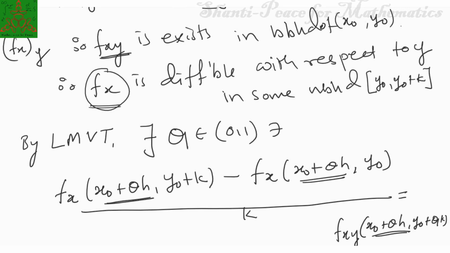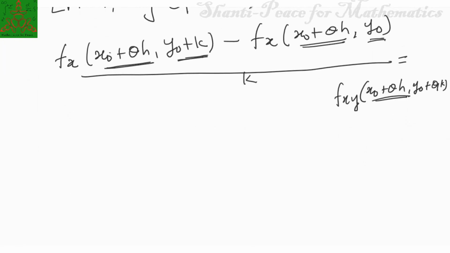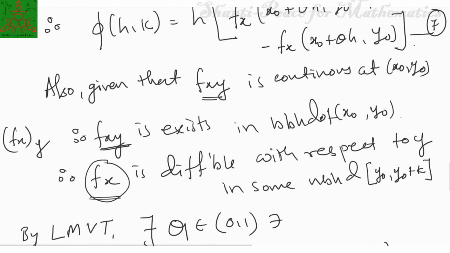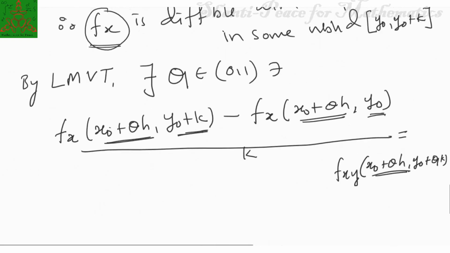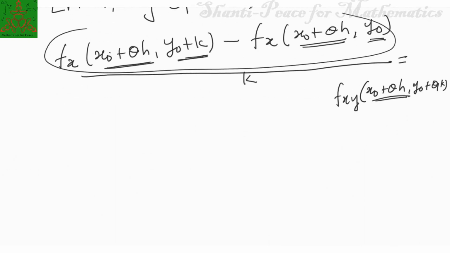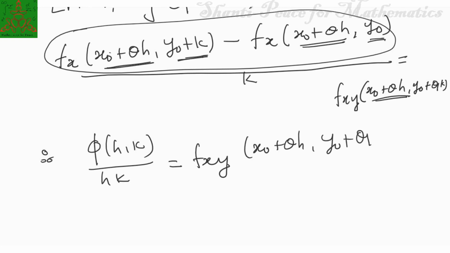So it is f(b) - f(a), and then we have this quantity. Now what is this numerator? Observe from equation number 7: this quantity is phi(h, k)/h. So phi(h, k)/(hk) = fxy(x0 + theta h, y0 + theta1 k).